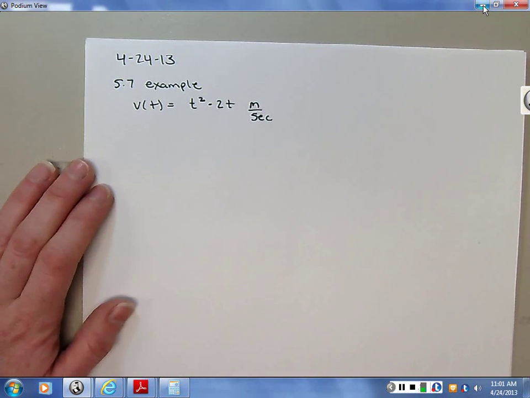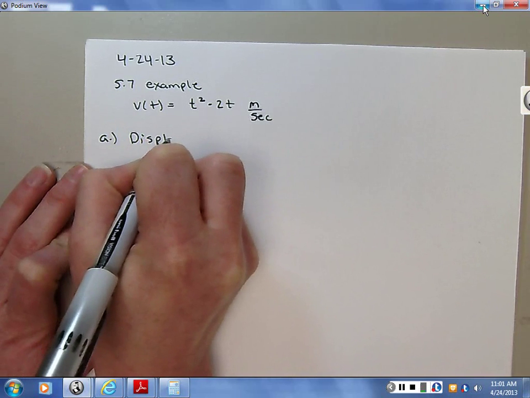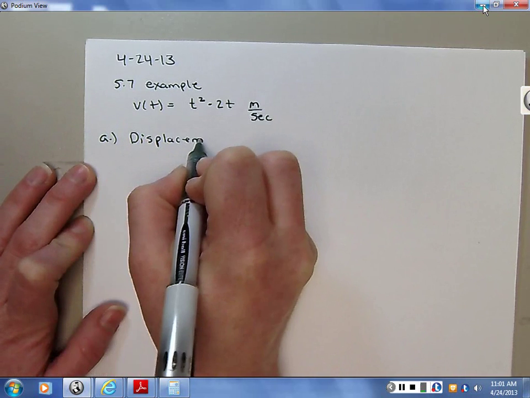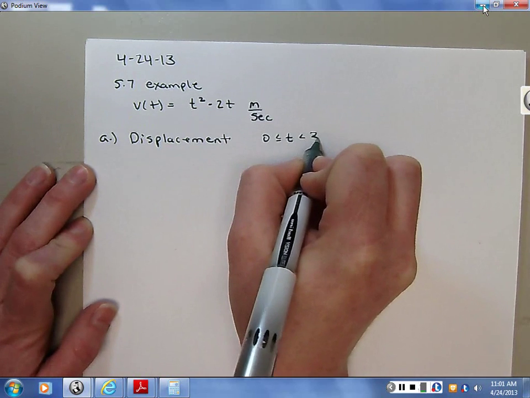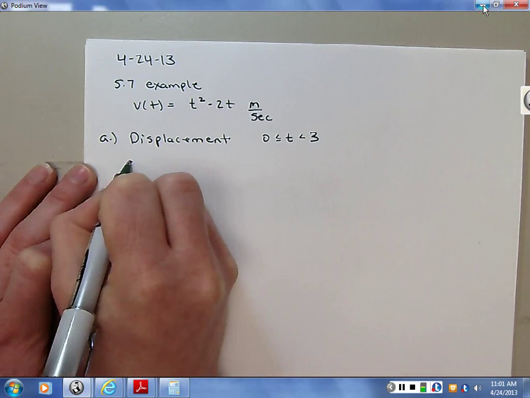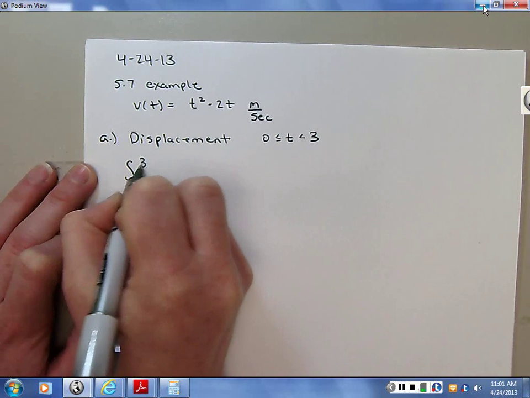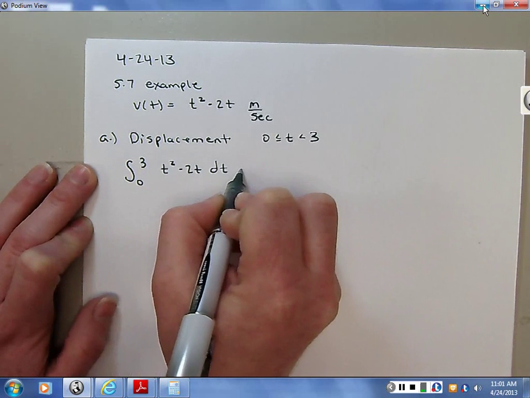So if I want to find the displacement from 0 to 3, I integrate it, right? So I'm finding the integral from 0 to 3 of t squared minus 2t dt.